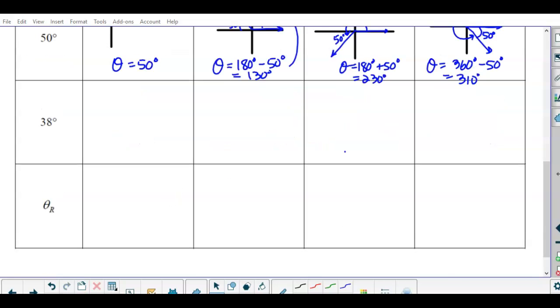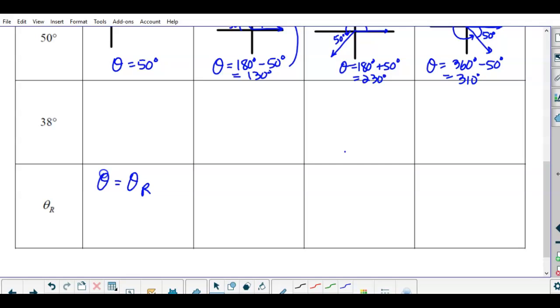And then the general case. For theta reference, remember theta equals the reference when it's in the first quadrant. Okay, 50 was 50.